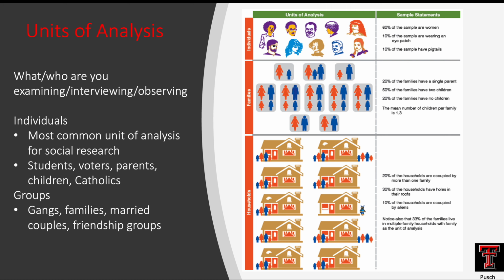And they'll say, 20% of families have dinner every single night together. 50% of families have dinner together 3 times a week. So again, gangs, maybe like a juvenile gang, just small groups of people. That again is a unit of analysis. That one's not as common as individuals. We do get social research that looks at this, but I'd say the most common unit of analysis for social research is definitely the individual.